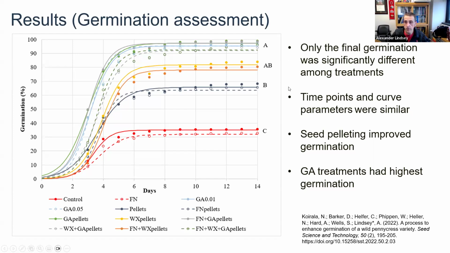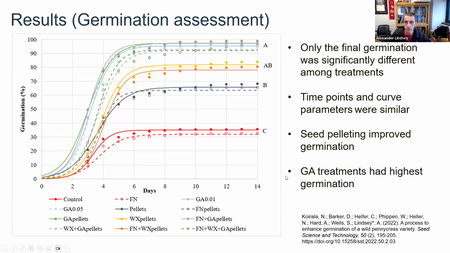Pelleting our seeds with and without wax resulted in moderate gains to germination, but just treatment with fungicide alone was similar to the non-treated control. In this case, our germination of our untreated was only 30%, whereas treatment following gibberellic acid exposure exceeded 90%.